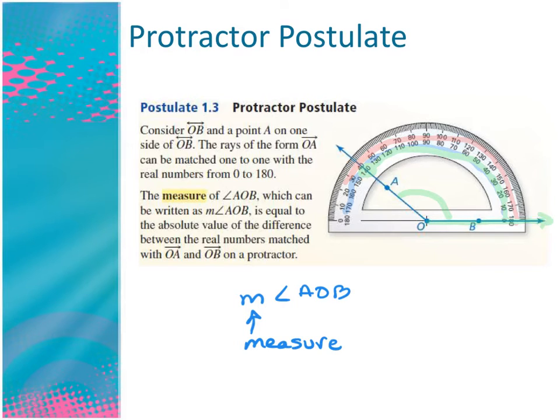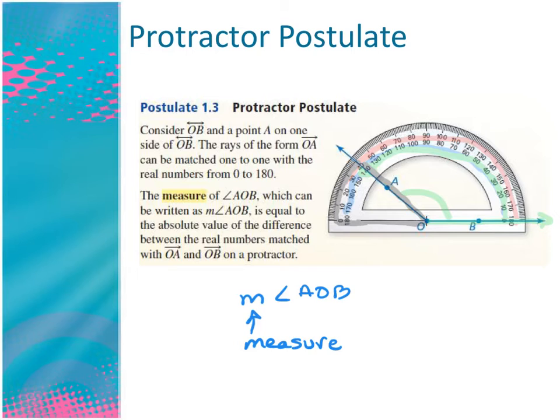You really won't be using rulers or protractors, but just realize that this protractor postulate exists and understand how to read a protractor. If I wanted to draw another angle here and measure the side, this time I would use the outside numbers, because again, you want to start at 0 and count up.